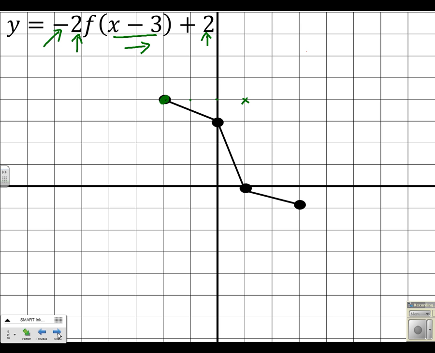And then I'm going to make it twice as tall. What was 3 becomes 4, 5, 6. And now I'm going to make that upside down. What was up 6 is now down. 1, 2, 3, 4, 5, 6. I'm just here as an X now still. And now I'm going to take it up 2. 1, 2, and I think I'll use blue for that.